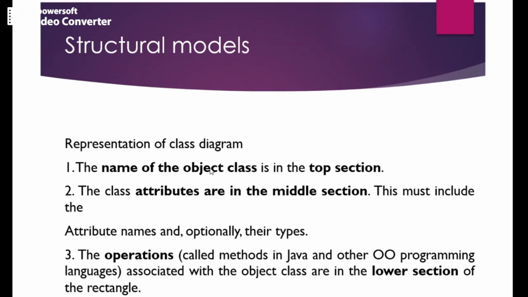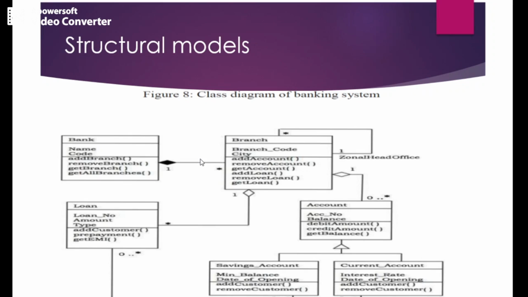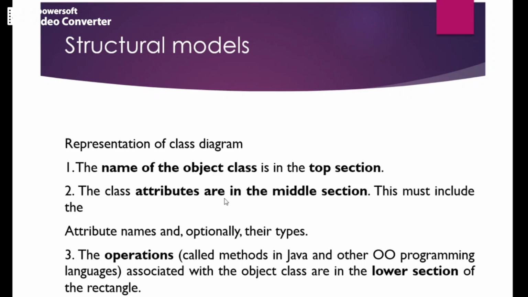The name of the object class is in the top section. Can you see here? In the top you have the name as bank. That means the name of this class is bank. Branch means the name of this class is branch. Similarly, account. The class attributes are in the middle section.